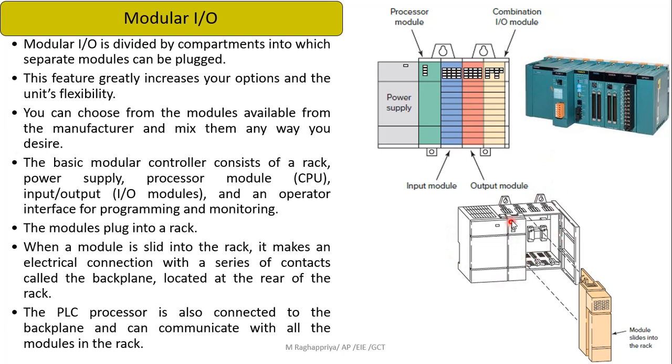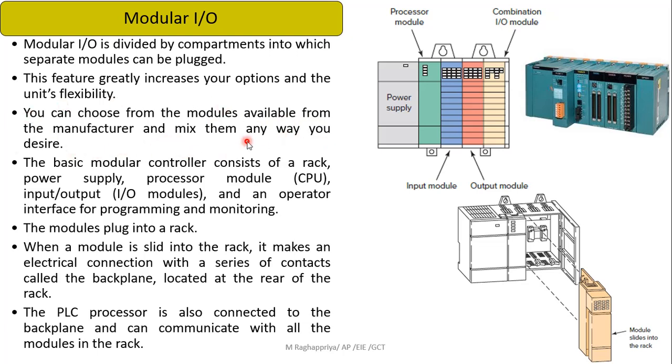I can easily remove this and insert it back again. So these are divided into compartments into which you can plug in units. This increases the user's flexibility a lot compared to a fixed IO.